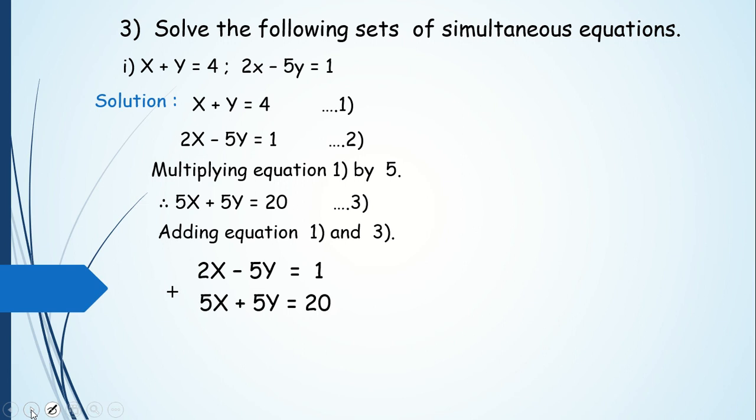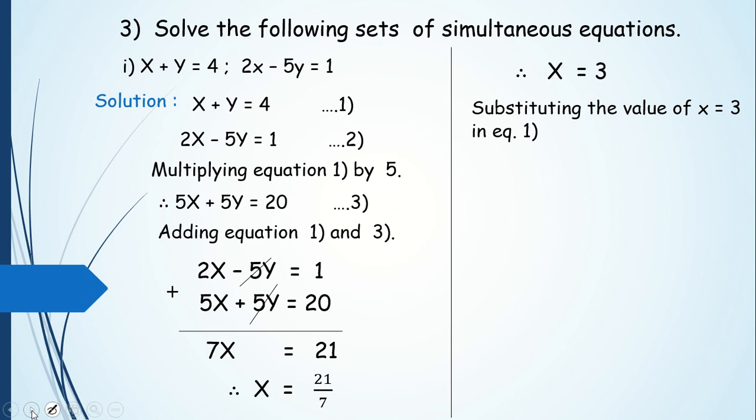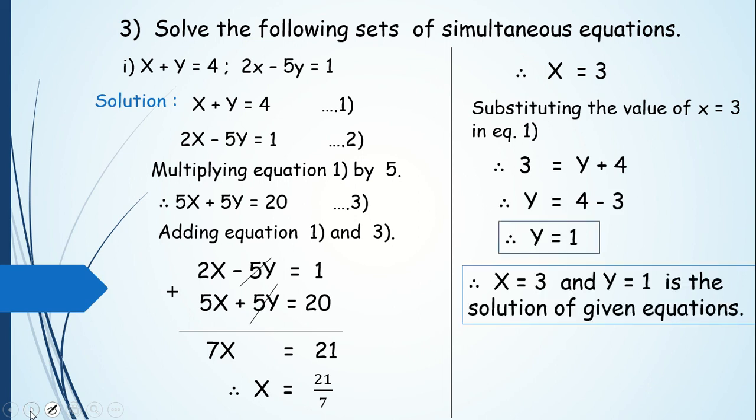Adding plus 5x plus 5y is equal to 20. 7x is equal to 21. x is equal to 3. Substituting value of x is equal to 3 in equation number 1, we get y is equal to 1. Therefore x is equal to 3 and y is equal to 1 is the solution of given equations.